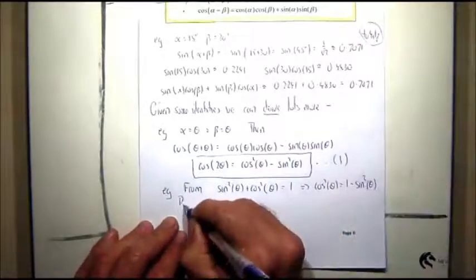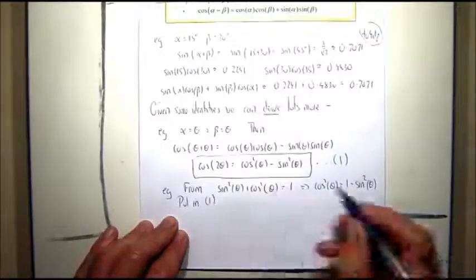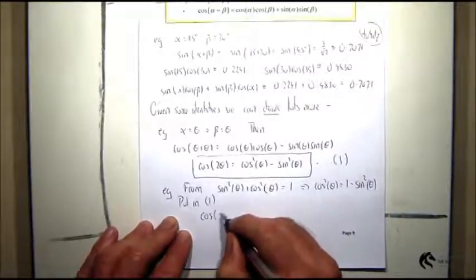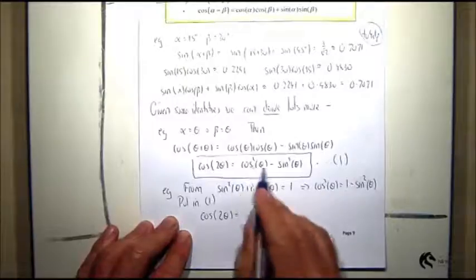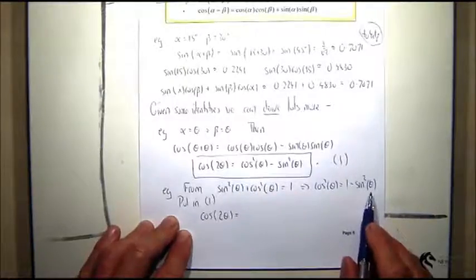So I'll say put this in equation 1, and I will have cos 2 theta is, now cos squared theta I can rewrite as 1 minus sine squared theta.